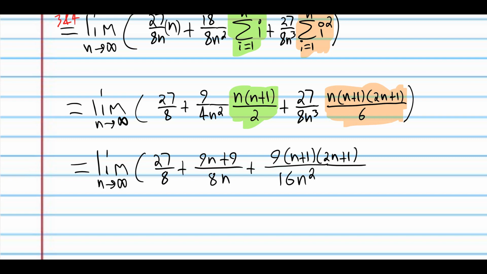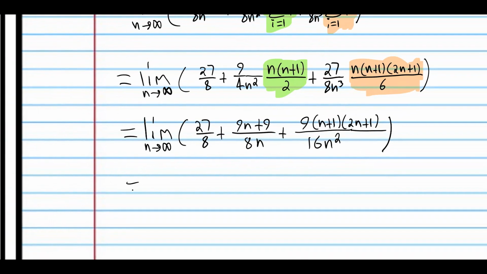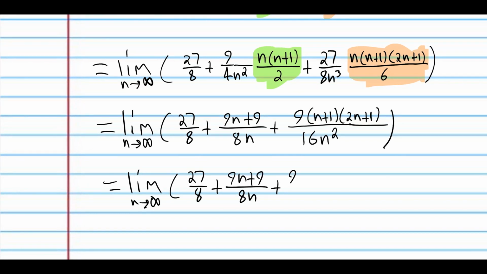And so we're continuing to simplify. So I'm going to use FOIL on that, and we get 2n squared plus 3n plus 1.